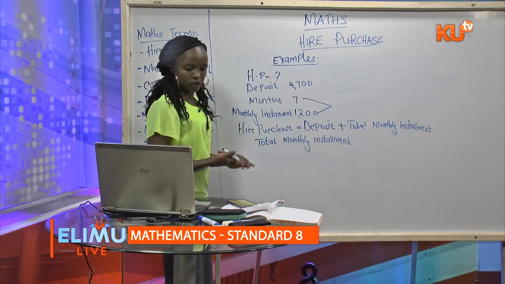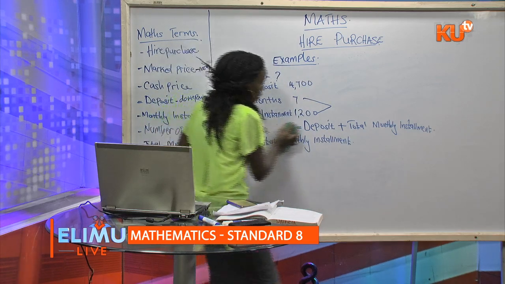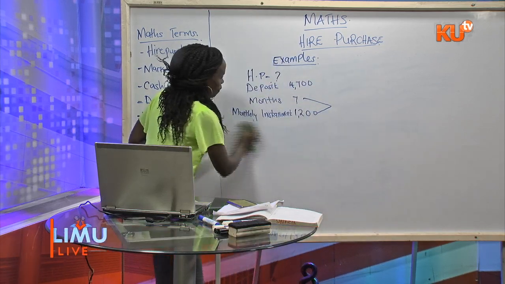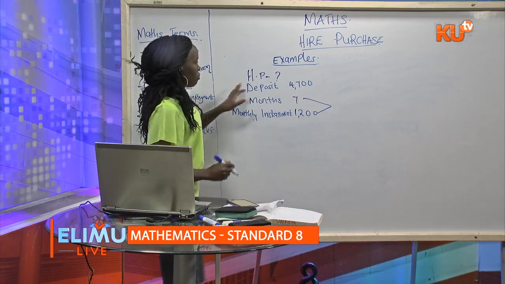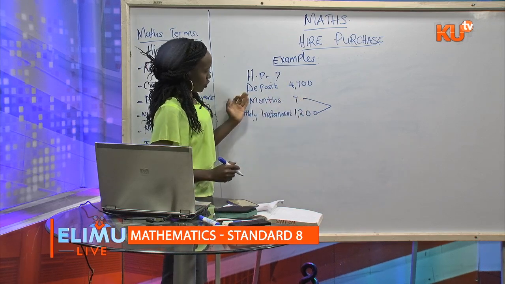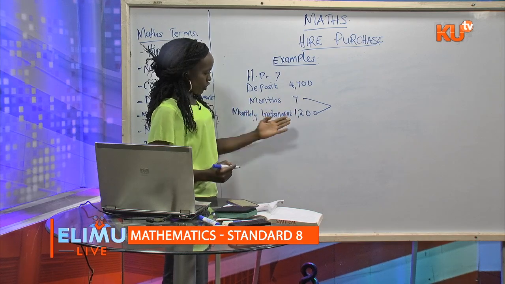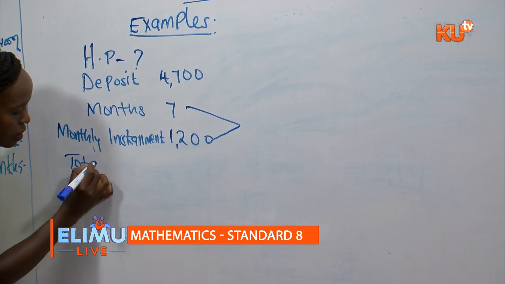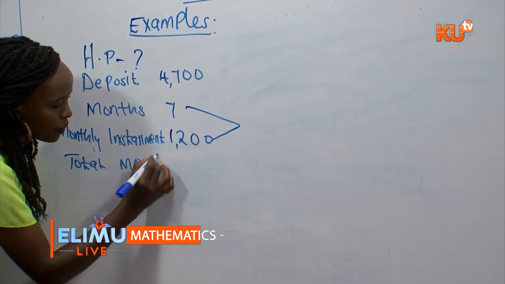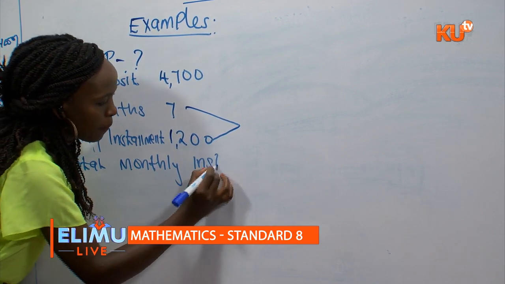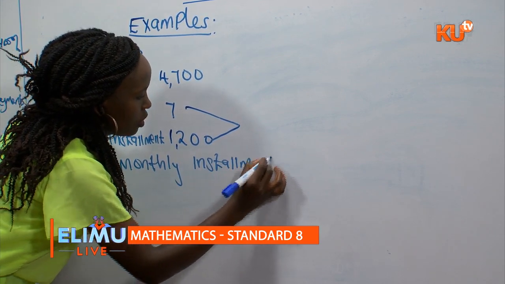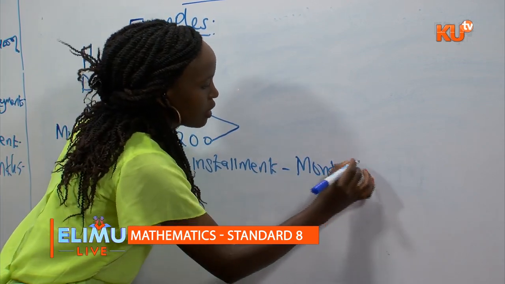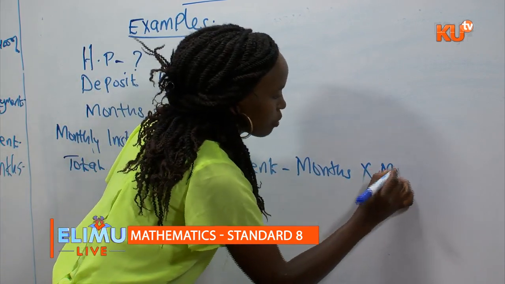So let's go backward a bit. Sorry for that. So we are told that this person paid a deposit of 4,700 in a duration of 7 months, and each installment was 1,200. So let's start by getting the total monthly installment, whereby we're supposed to take the number of months times the monthly installment.